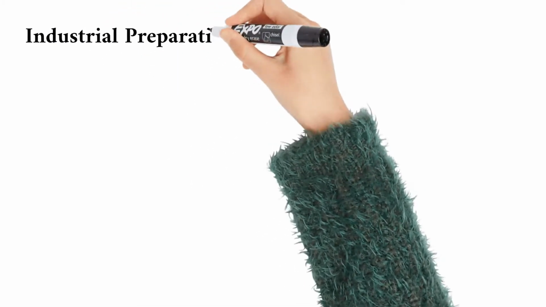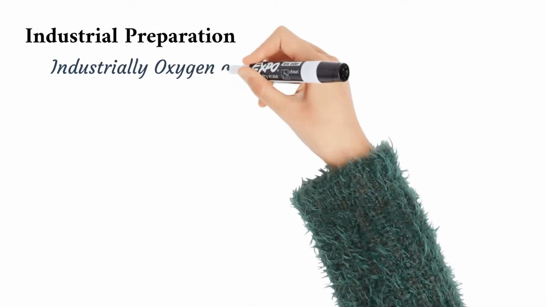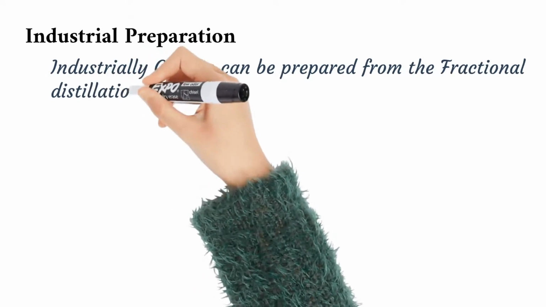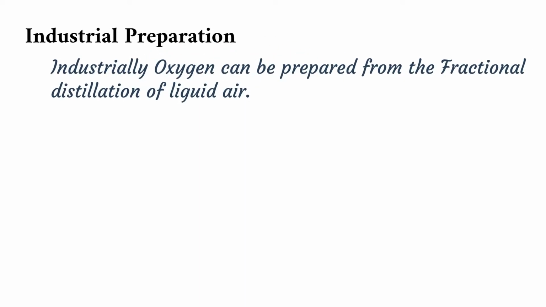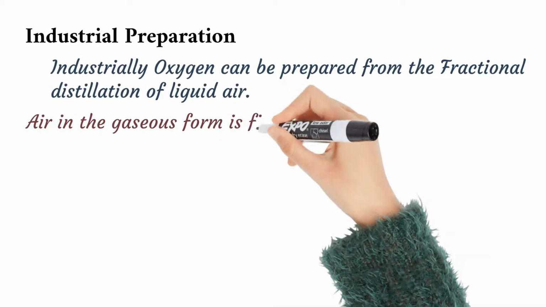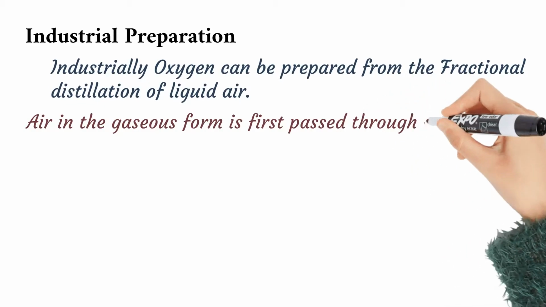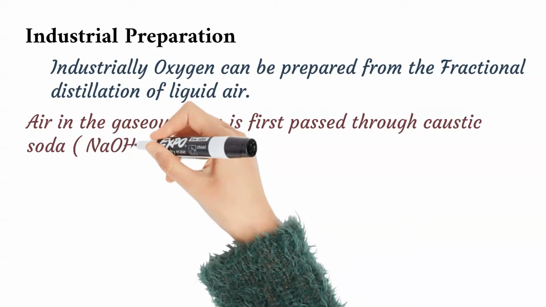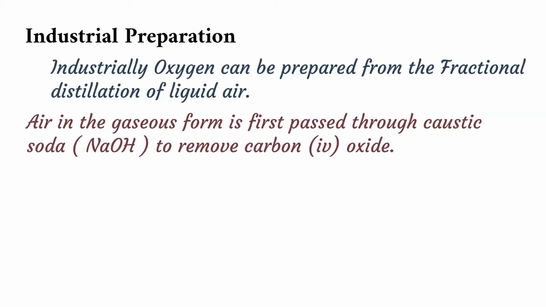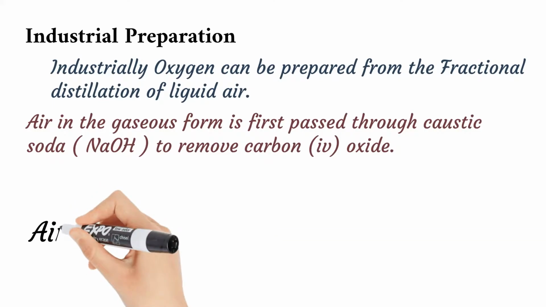Industrial preparation of oxygen. Industrially, oxygen can be prepared from the fractional distillation of liquid air. Okay? Now, air in the gaseous form is first passed through caustic soda, which is sodium hydroxide, to remove carbon 4 oxide, that's CO2. Let's look at it this way.